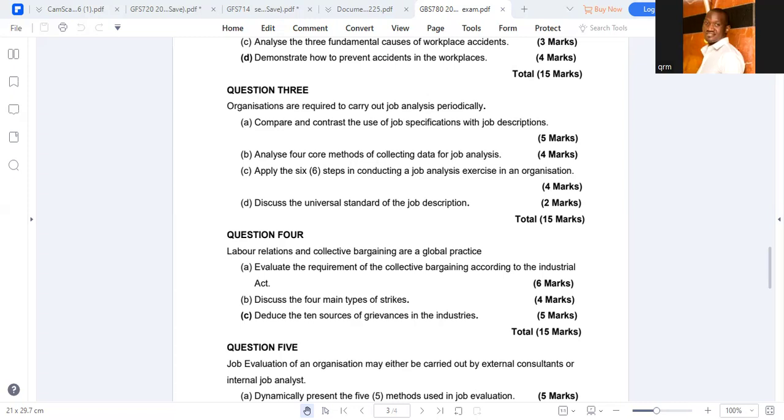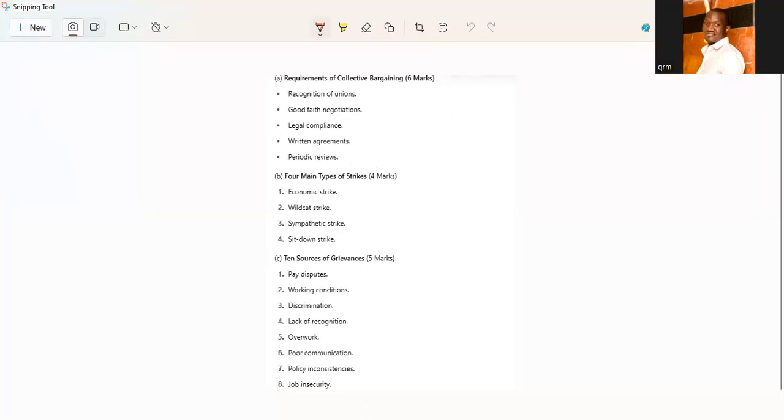So here are the requirements. Number one, we're talking about requirements for effective collective bargaining.